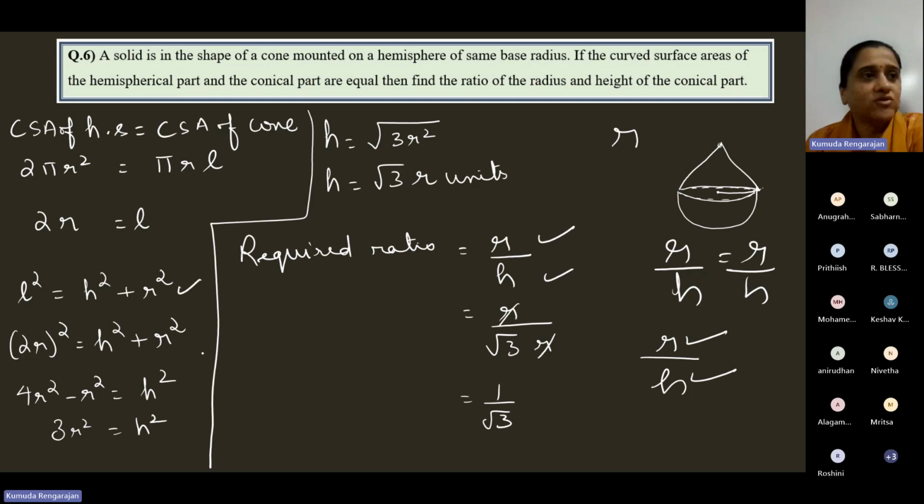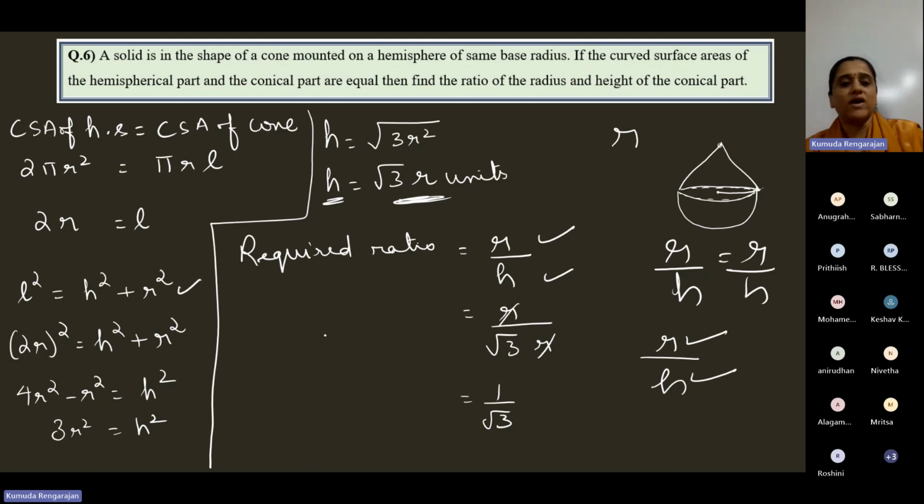What is L? 2r. So 2r the whole square is equal to h square plus r square. So you find that h square is equal to 3r square, h is equal to square root of 3r square, so h is equal to root 3 r. So we have found the height in terms of r.